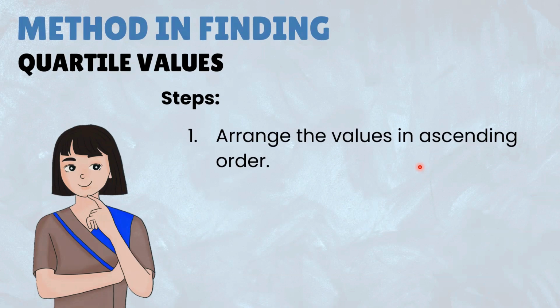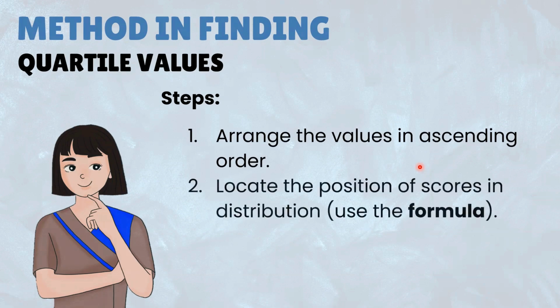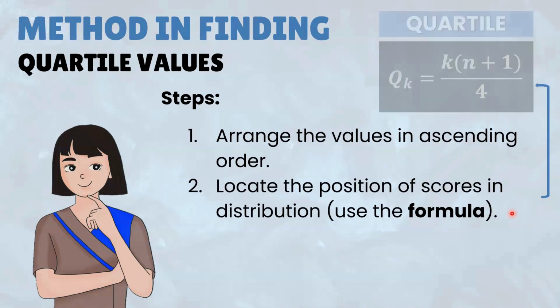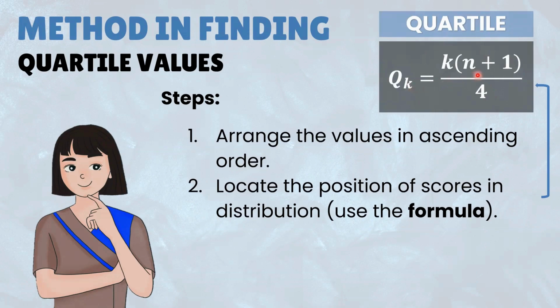Number 1, we arrange the values in ascending order, or from least to greatest. Then we locate the position of scores in our distribution using this formula. Q sub k is equal to k times the quantity n plus 1 over 4.